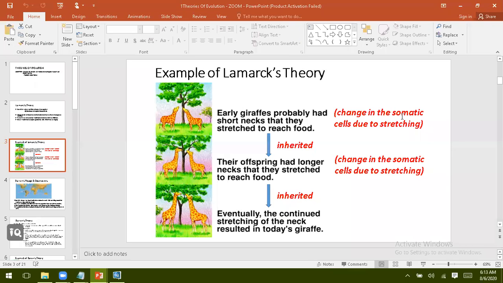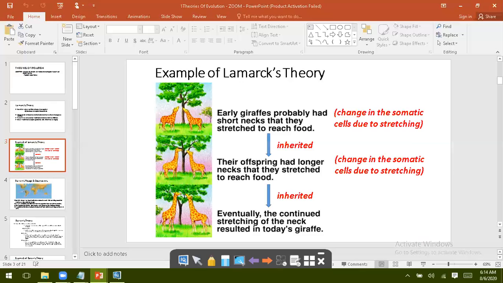And then that characteristic was passed down from generation to generation, eventually ending up with the present giraffes with very long necks.